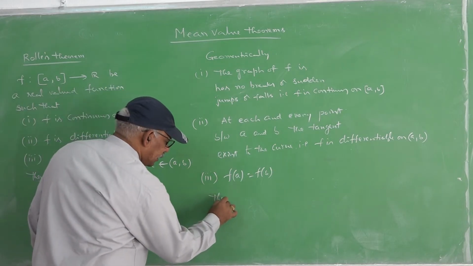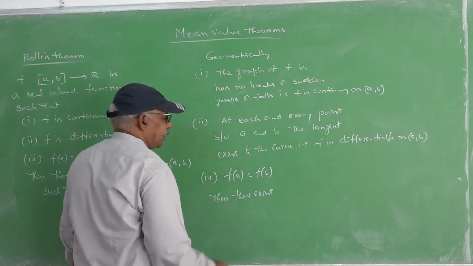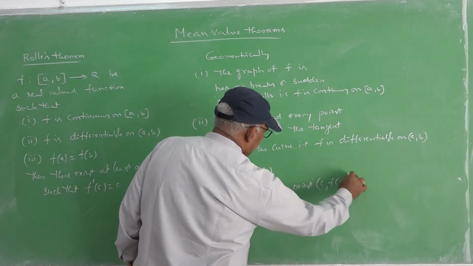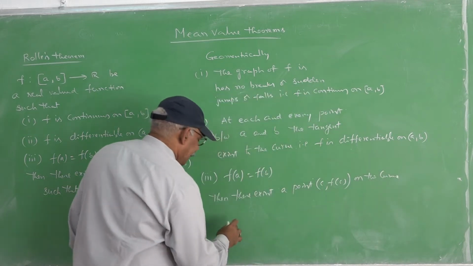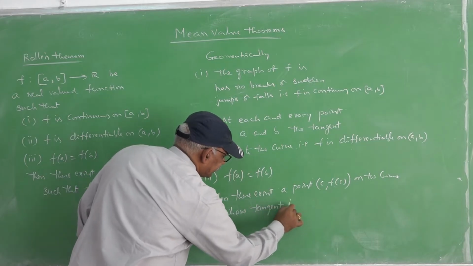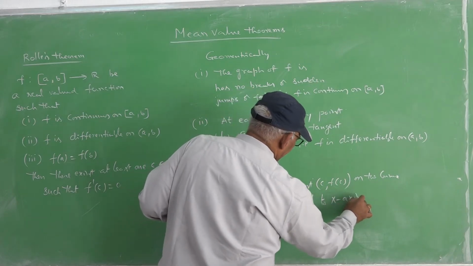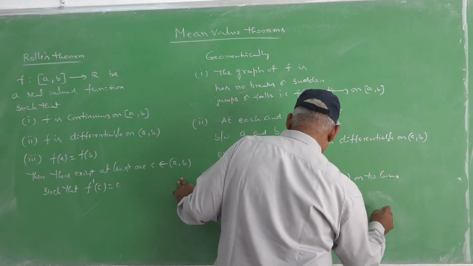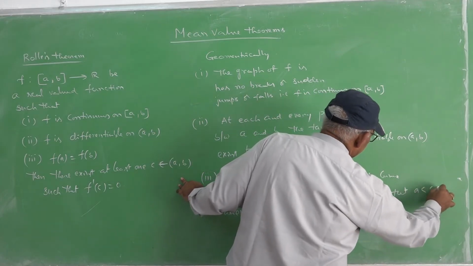Then there exists a point c, f of c on the curve where the tangent is parallel to the x-axis, such that a is less than c is less than b.